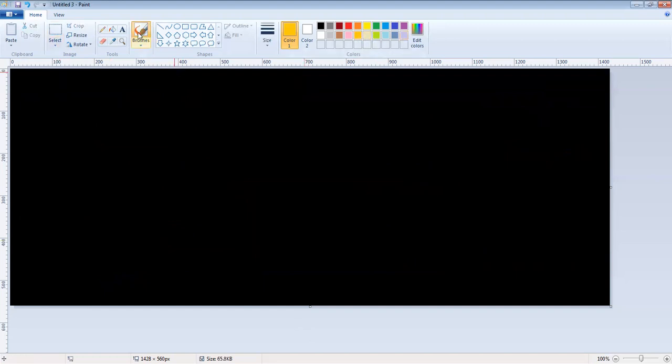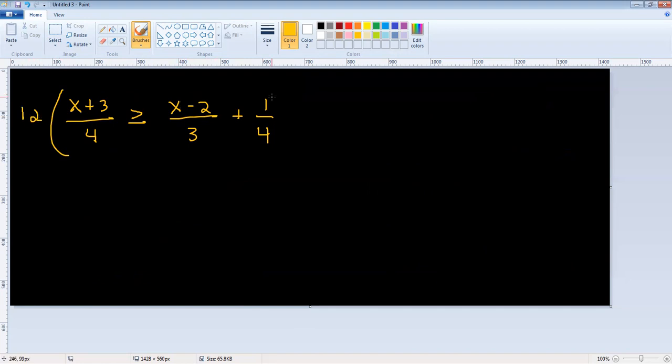What about something like this? We have x plus 3, divided by 4, and this is bigger than or equal to x minus 2, divided by 3, plus 1 over 4. Okay, so how do you do this? Well, you probably multiply the whole thing by 12.